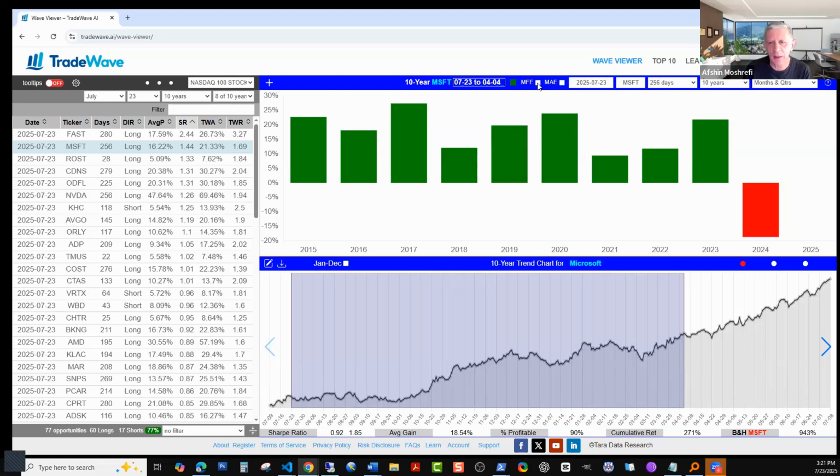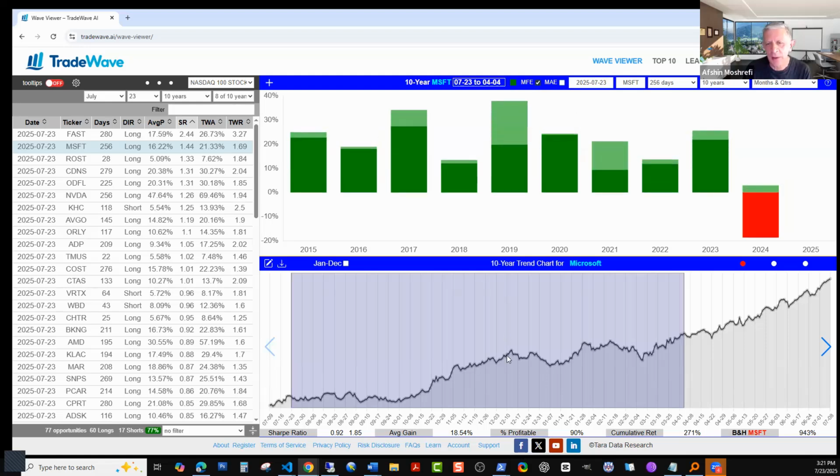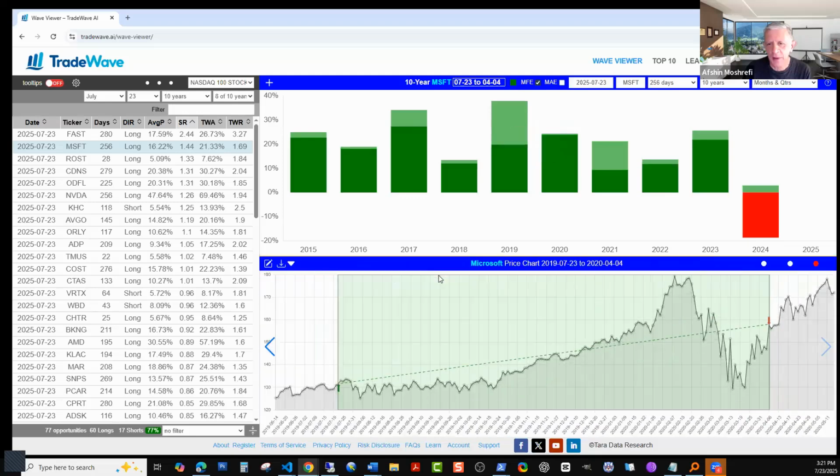What does that mean? I'm going to click it. You end up with this light green section on the top of these bars. I'm going to click one for 2019. Let's see what that is.